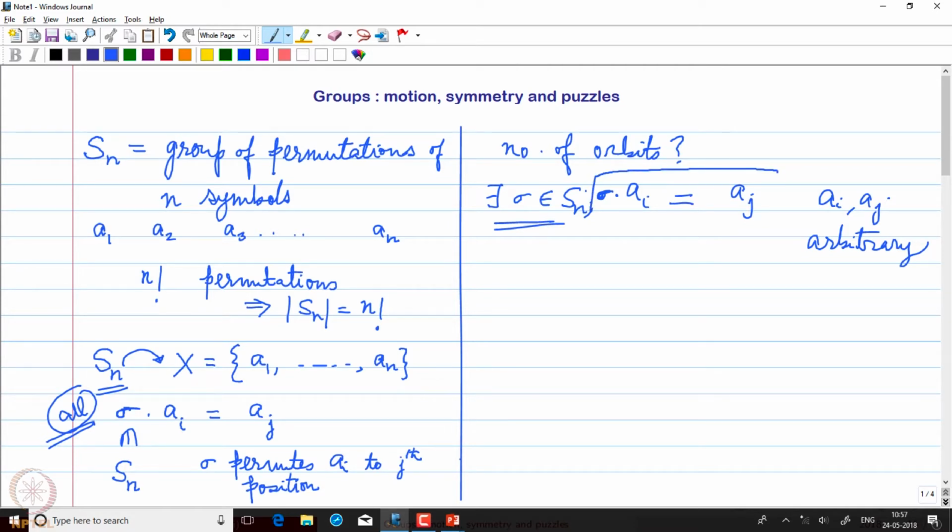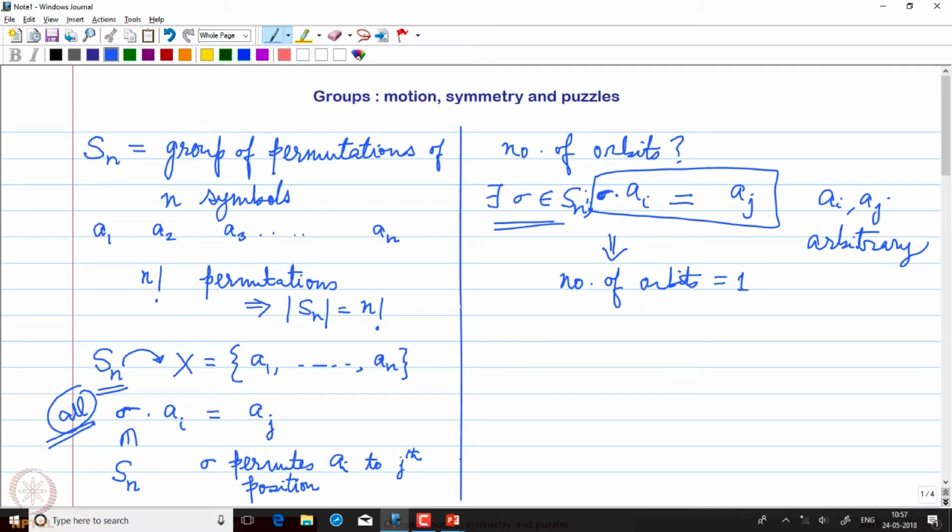And therefore, as you can see, the number of orbits is just 1, because any point can move to any other point by the action of Sn.